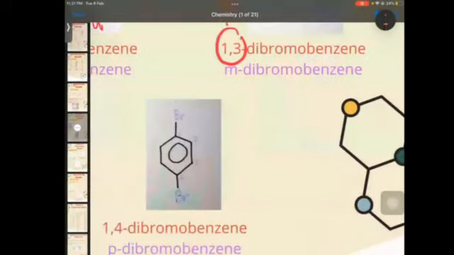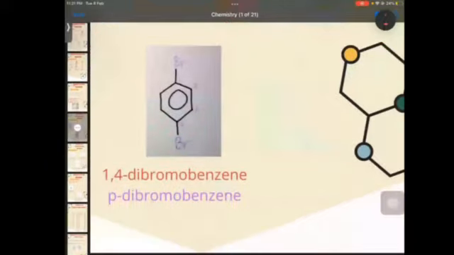And the last one is Br in carbon number 1 and carbon number 4. So it will be 1,4-dibromobenzene, but 1,4 is para. The symbol of para is P. So it will be p-dibromobenzene. You should remember this one.